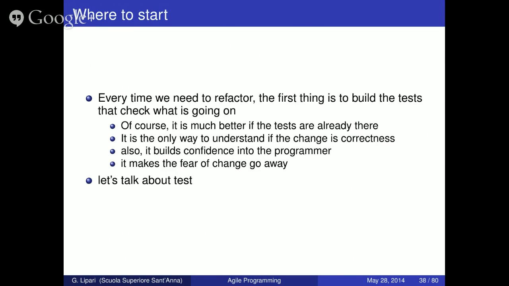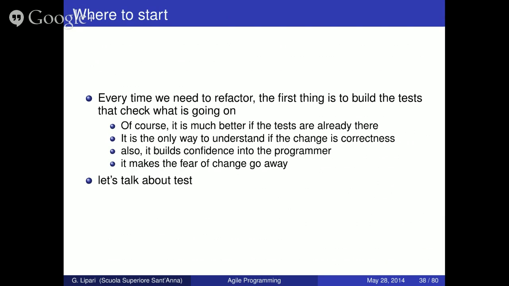So, as I said, every time we need to refactor, the first thing to do is to build the tests that check what is going on. Of course, it is much better if the tests are all already there and ready for us. But sometimes you have to write some tests before starting. And this is the only way to understand if the change is correct. I mean, why change if we don't know what we are doing.